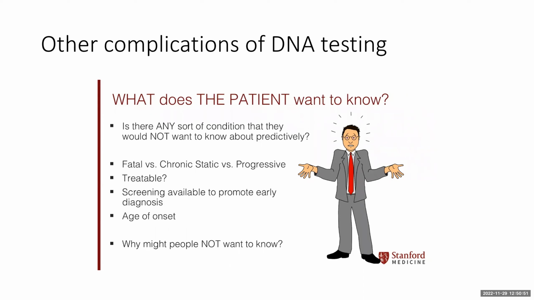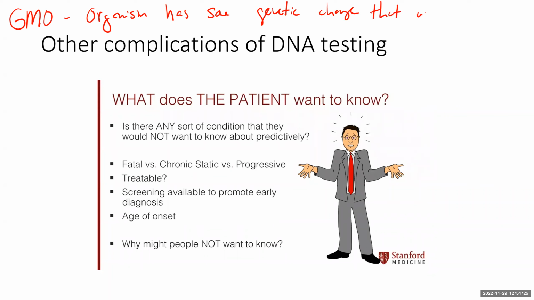Can you reiterate the difference between the GMO kind of gene editing and CRISPR again? Sure. CRISPR is a type of GMO. Okay, so essentially the term GMO means almost nothing. GMO just means that the organism has some genetic change that was not inherited.